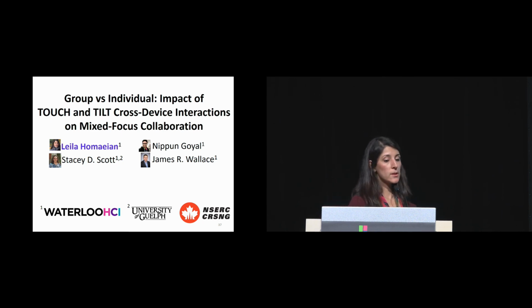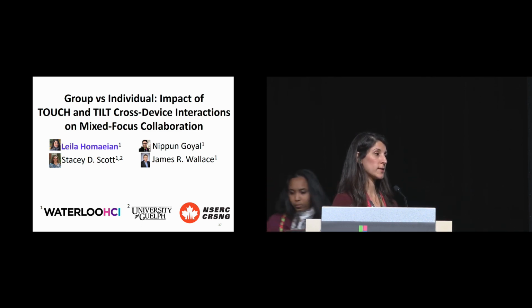So in the both condition where we provided both touch and tilt, this fatigue was reduced because most of the interactions were done with touch. But that condition did not address the entire collaborative workflow, and there is more on that in the paper.